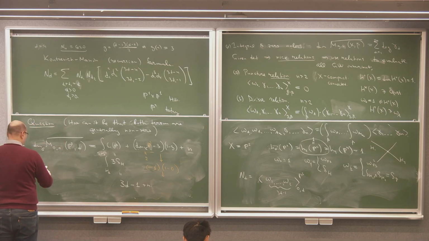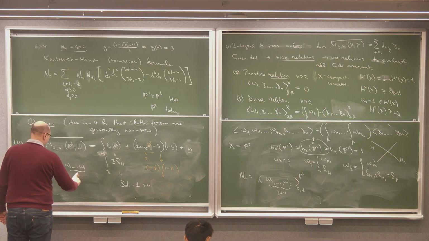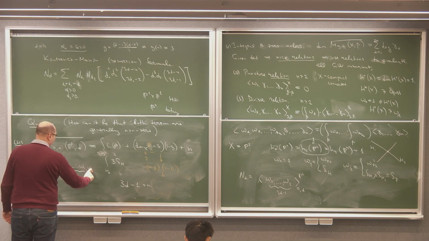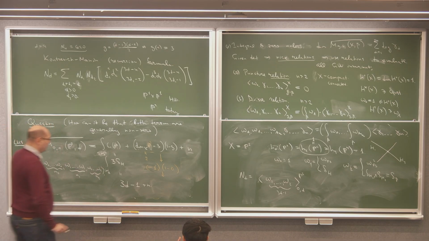Now, a general Gromov-Witten invariant has a certain number of omega 0 insertions, let me call it n0, a certain number of omega 1 insertions, n1, and a certain number of omega 2 insertions, n2.